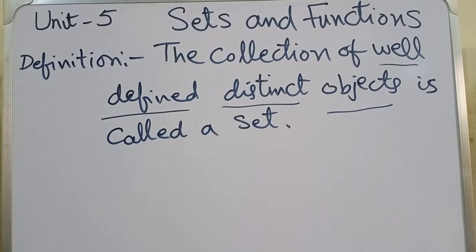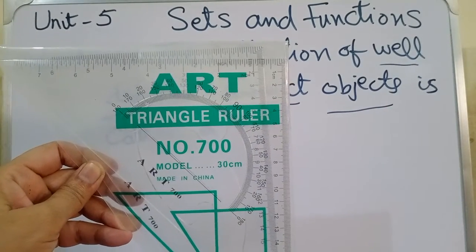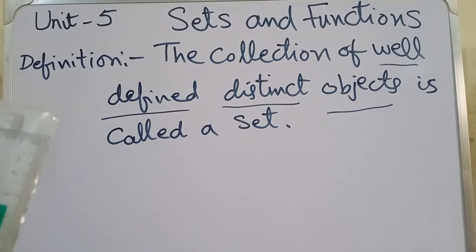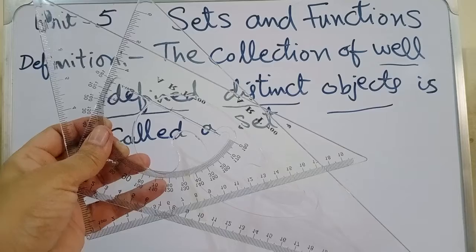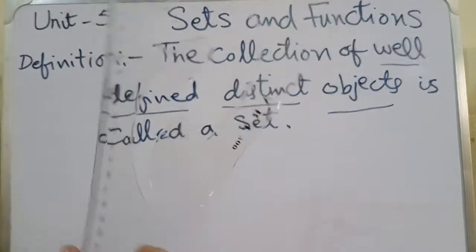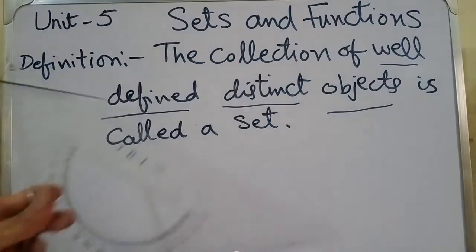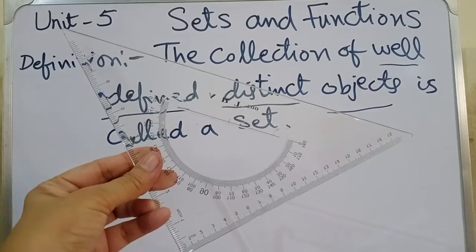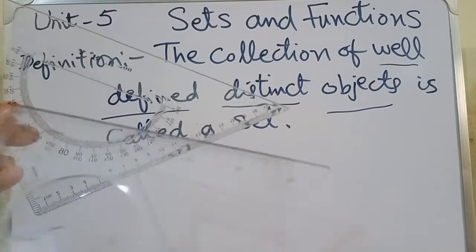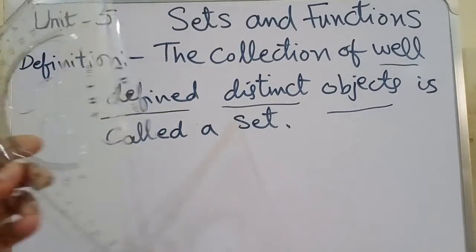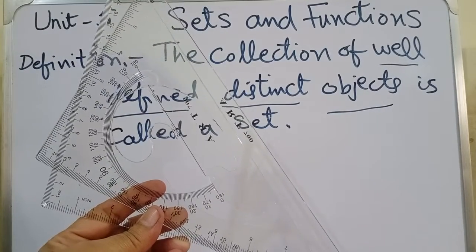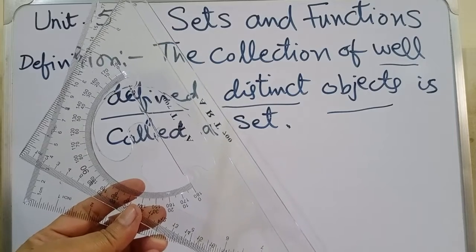Similarly, I want to show you this set of triangle rulers. This set contains two pieces. One is bigger and the second is small. But when we contain both in one pocket, we say that it is a set of geometrical drawing.